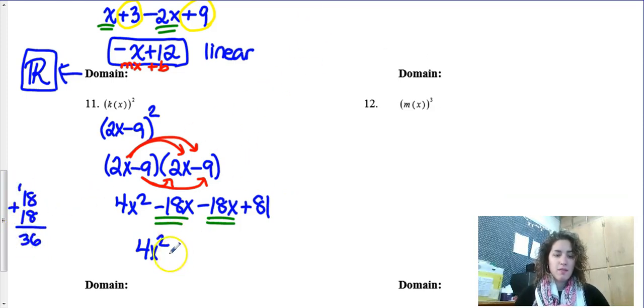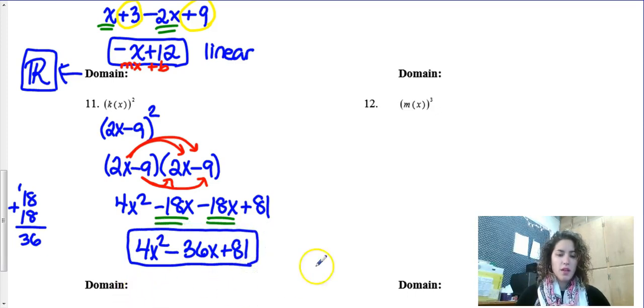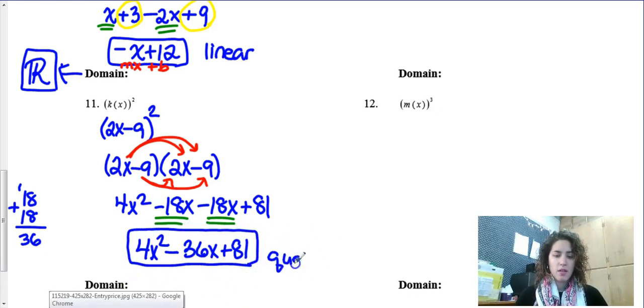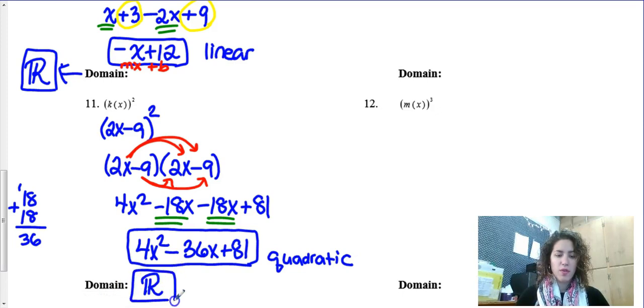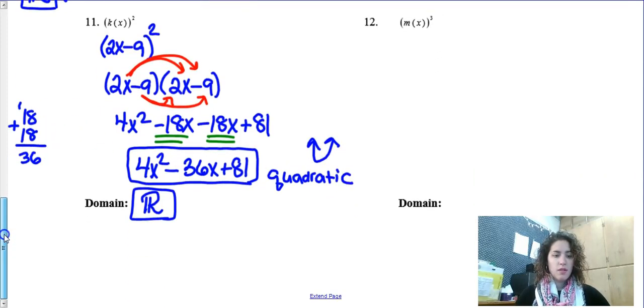So we get minus 36x plus 81. This is a quadratic. Domain, all real numbers, no restrictions. It's that U shape. Very good. Let's see. Moving on to number 13.